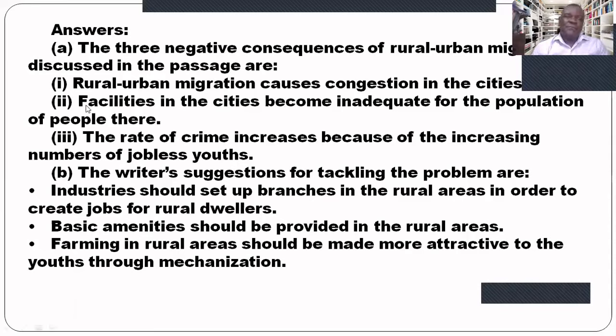So you have the creativity to form your own sentence and yet present the same idea, all right? Then the next one, facilities in the cities become inadequate for the population of people there, all right? You can present it in so many other ways, yet capture the same idea. So don't worry, just present it naturally in your own way, but let the main idea be captured.